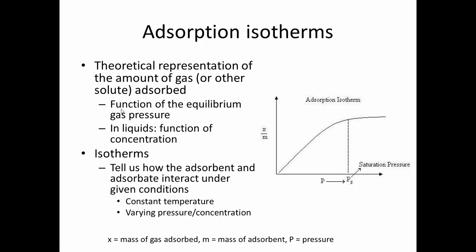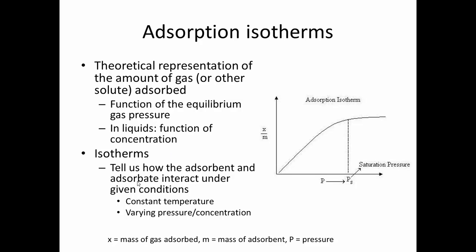So this is either a function of the equilibrium gas pressure, if we're talking about gases, for example, in gas masks, we might consider that. In liquids, if we put an adsorbent in liquids, the function of the concentration of solute comes into play as the theoretical amount of solute that could get adsorbed.